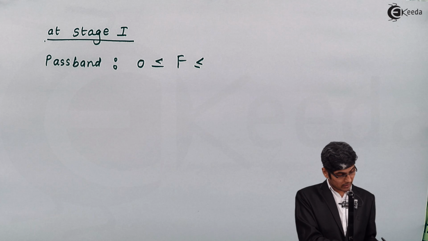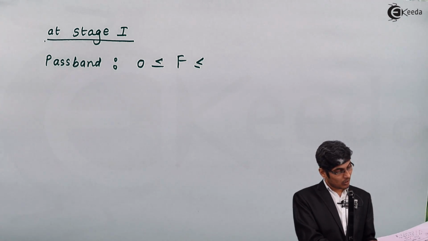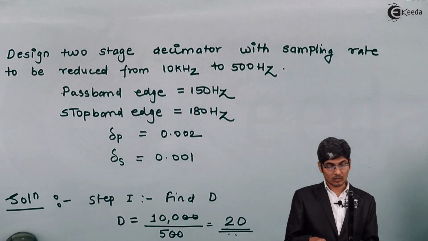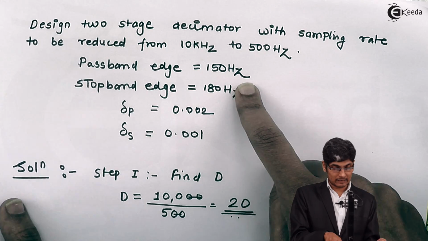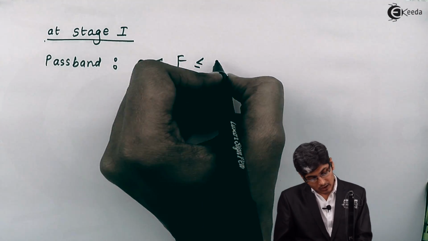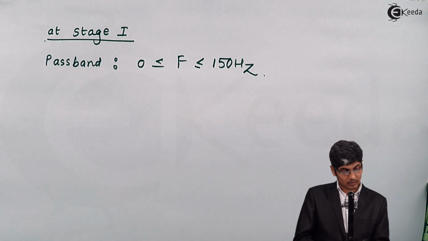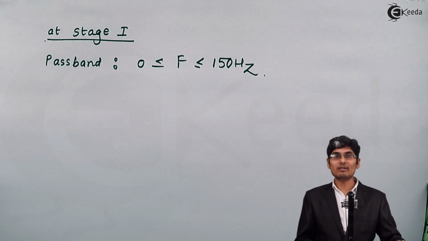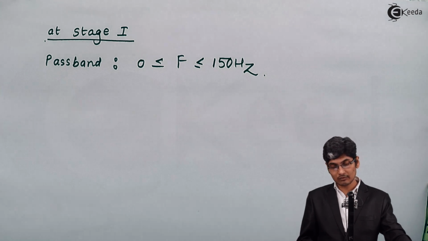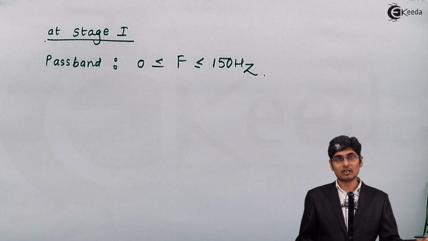Now we go to the given data of the problem to see what is given as Fpc. The given passband edge frequency is 150 hertz in the problem, so I'll use 150 hertz. We are designing the filter of stage number 1.